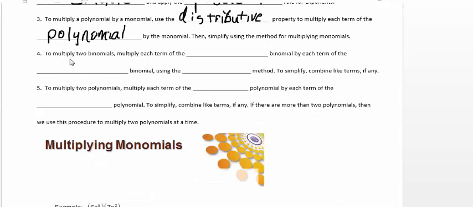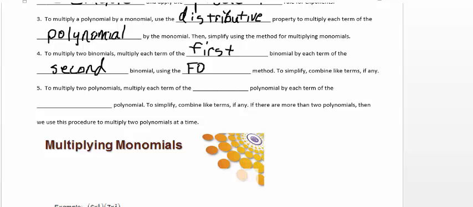To multiply two binomials, multiply each term of the first binomial by each term of the second binomial using the FOIL method.